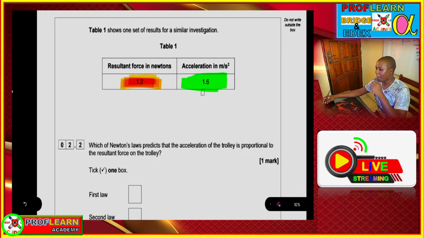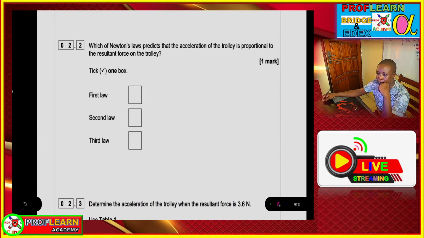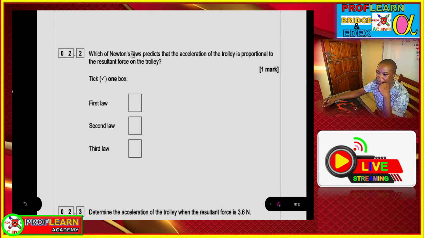We are asked which Newton's law predicts that acceleration is proportional to the force. This is Newton's second law.